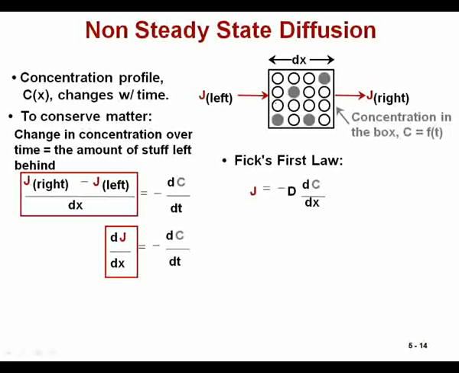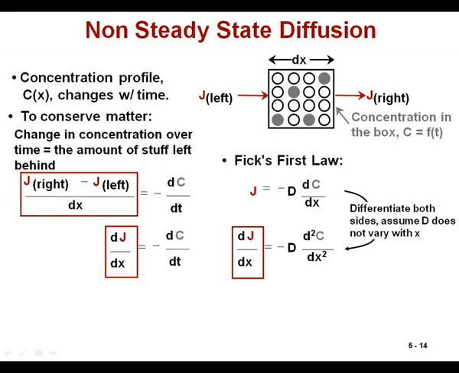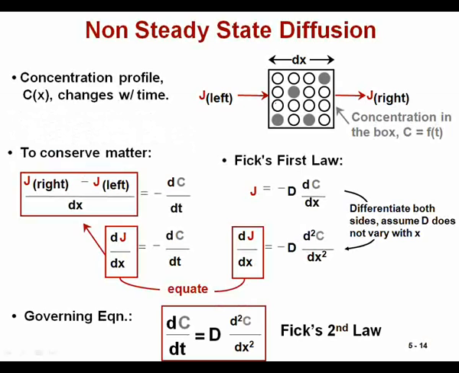So using Fick's first law, you differentiate both sides, and we have this: dJ/dx equals negative D d squared C/dx squared. So effectively, this is what we get for Fick's second law.